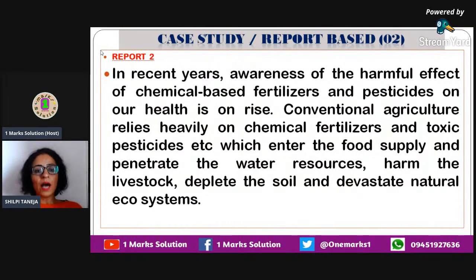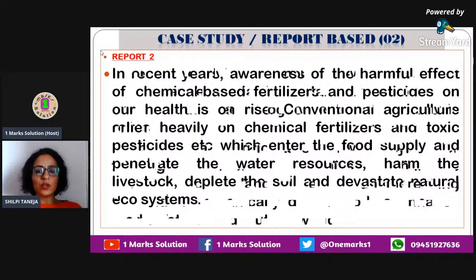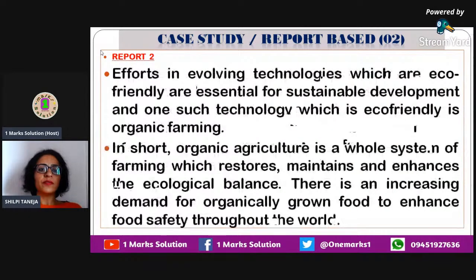They harm our lives also, because we are also consuming these things. Efforts in evolving technologies which are eco-friendly are essential for sustainable development, and one such technology which is eco-friendly is organic farming, where we are only using the biofertilizers, those manures, where we are least using the chemical fertilizers or not using the chemical fertilizers.